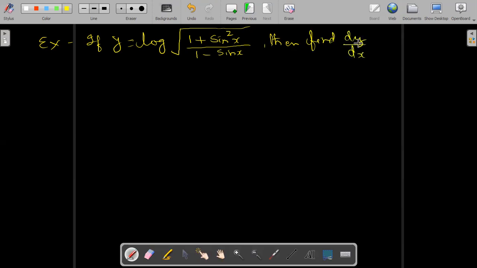Okay. So here again you can see that log is already given on the right hand side.